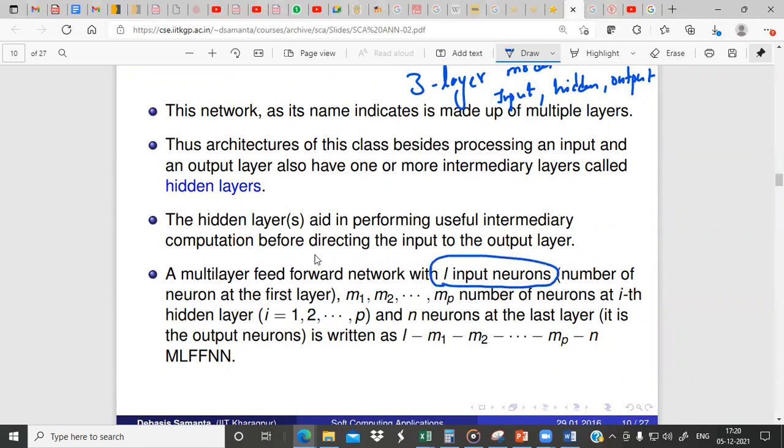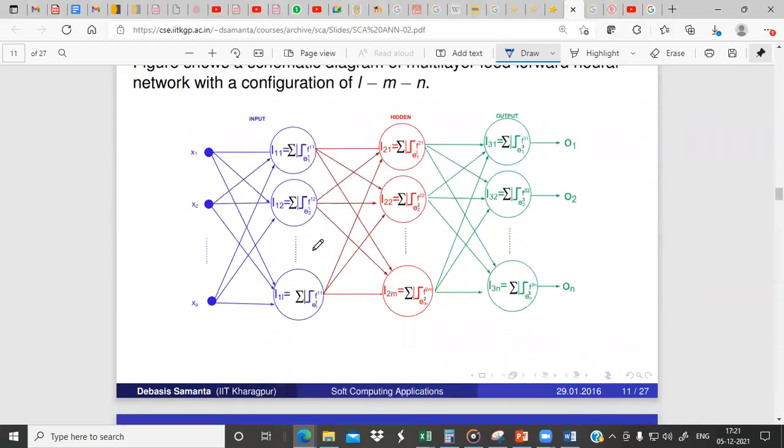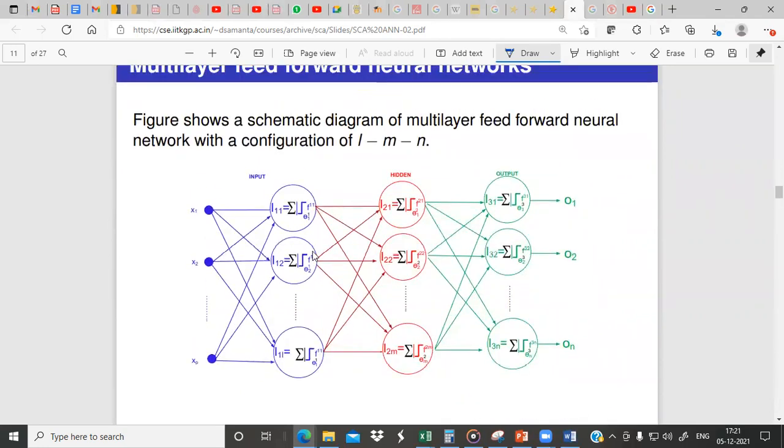The input layer contains I neurons, and the hidden layer contains M neurons, and the output layer contains N neurons.